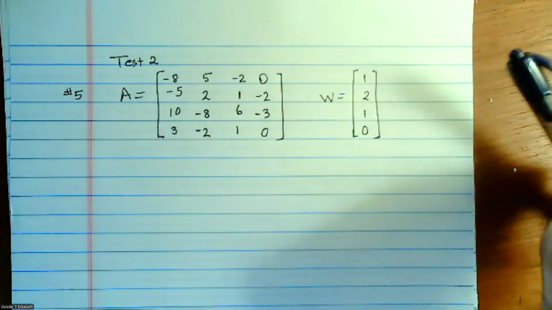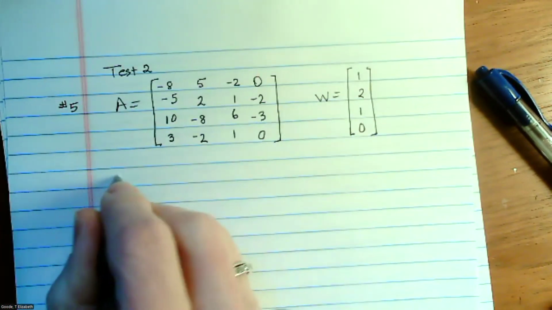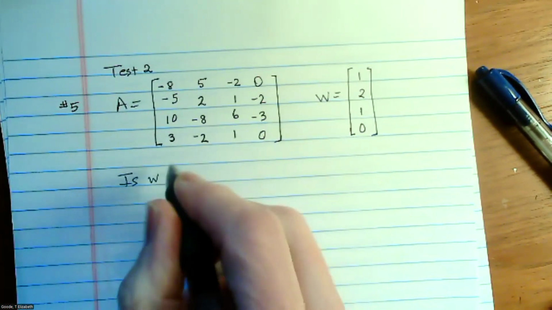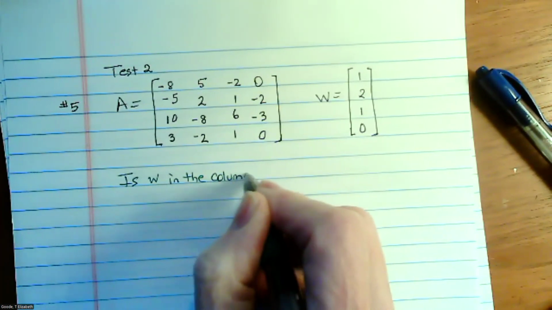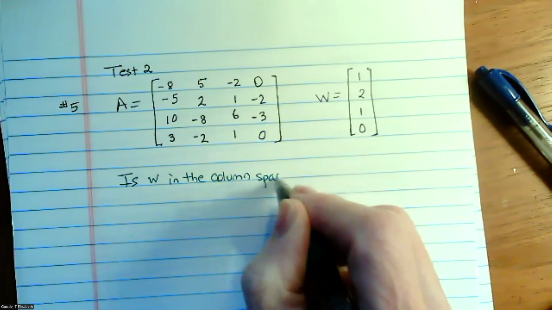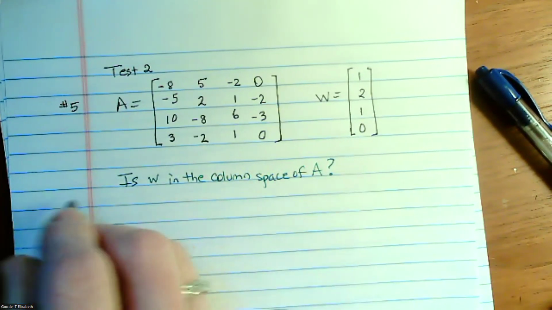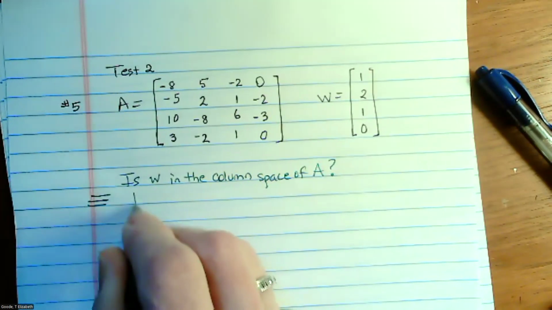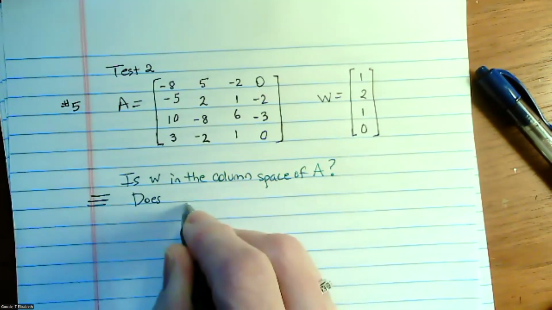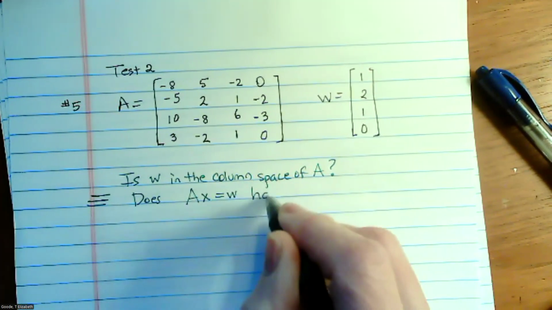So when we ask, is W in the column space of A? This means it's the same thing as saying, does AX equal W have a solution?